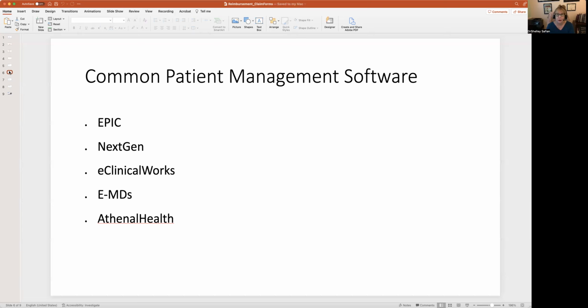It's more accurate. It's just so logical. I'm sorry to say, but technology wins over paper. Okay. All right. So these are just a few of the most common patient management software systems.